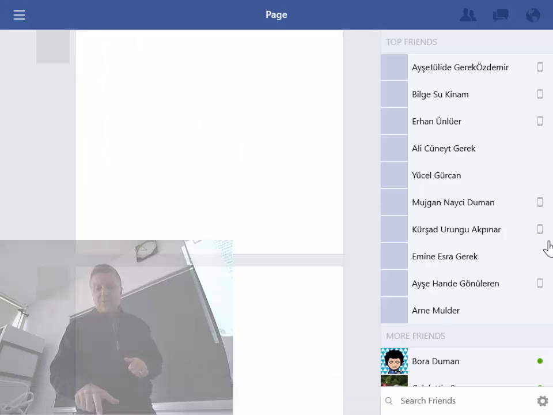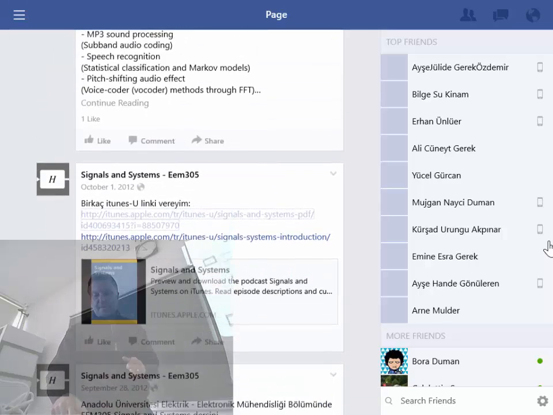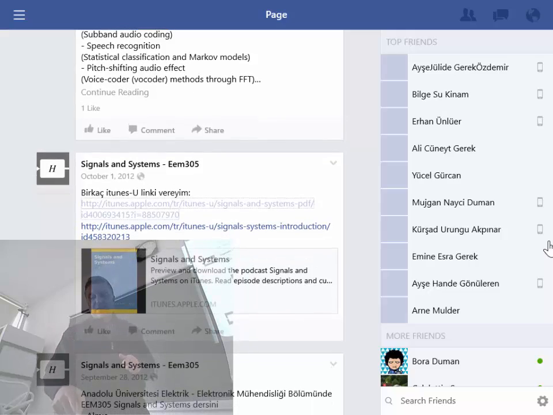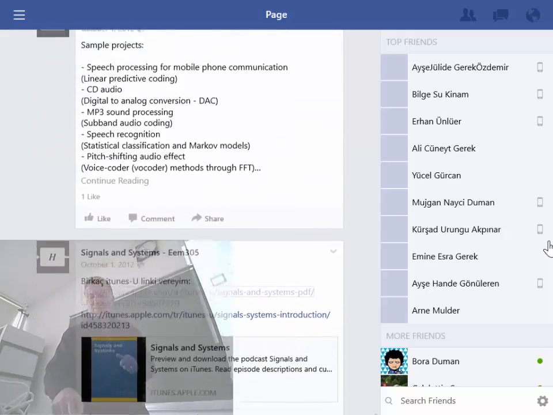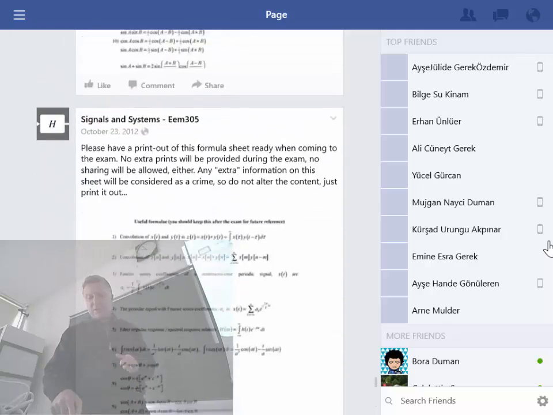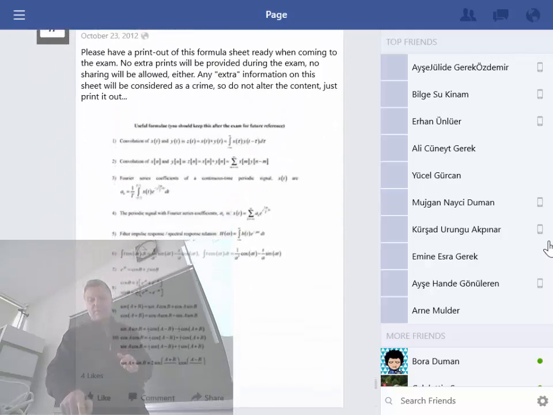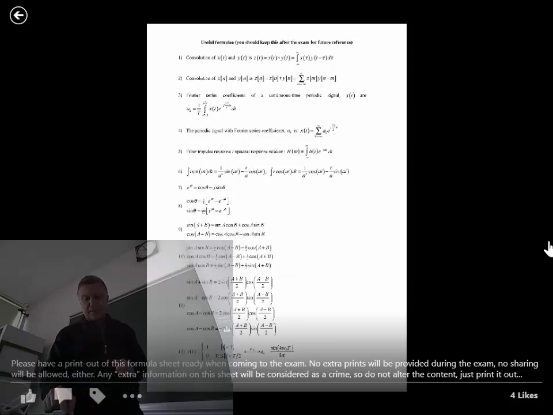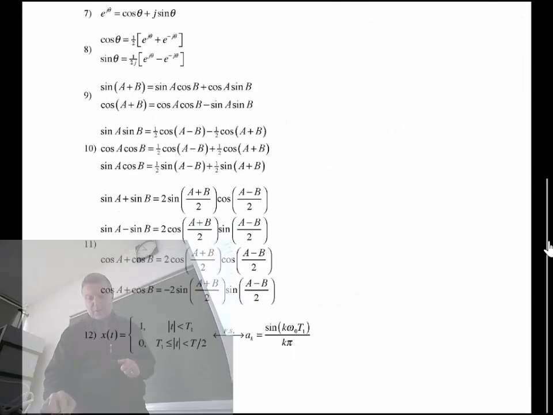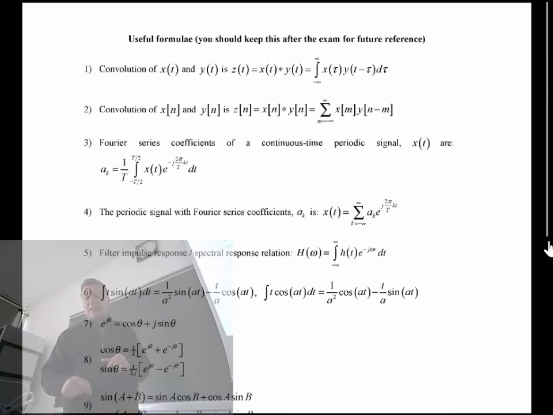By the way, if you try to take a look at the past posts of this lecture, you will, for example, see this one as well, which is a PDF of a crib sheet, and I ask students to print it and bring it with you during the exams, in the first exam, in the second exam, and in the final.